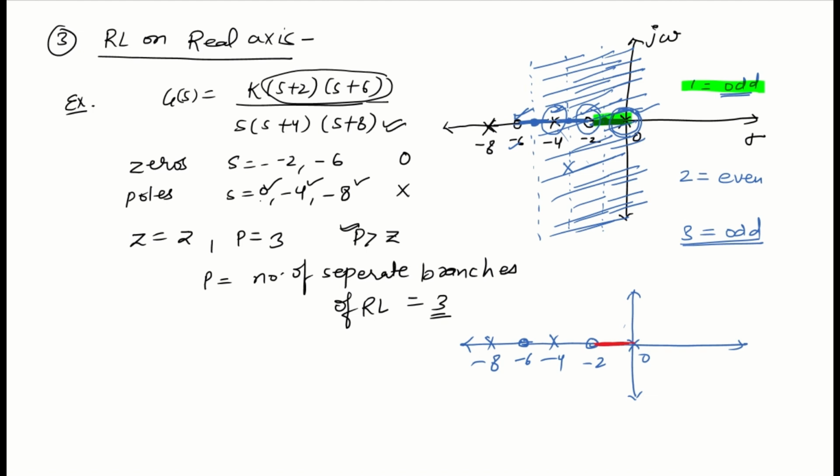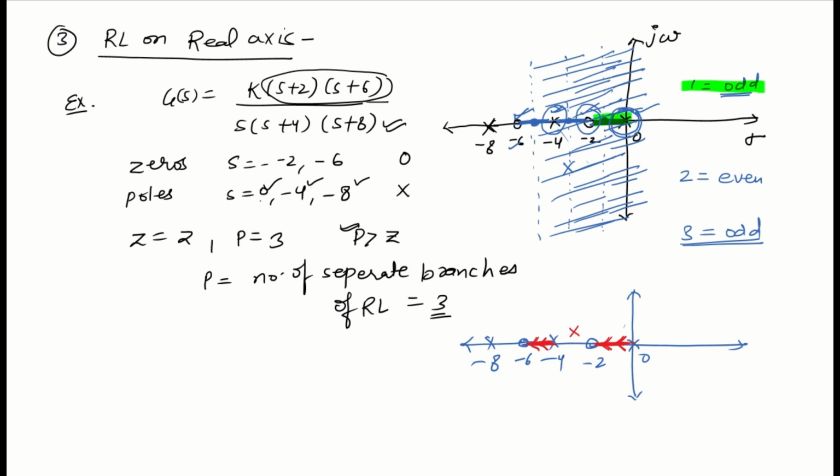The root locus will lie on this section of the real axis, and we also discussed that root locus originates from the pole and terminates at the zero. So this branch will go like this, and from -4 to -2 we discussed that the root locus will not lie on the real axis. Again, from -4 to -6 the root locus will lie on the real axis, originating from the pole and terminating at the zero.